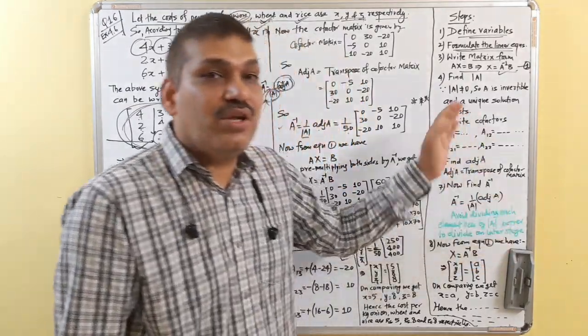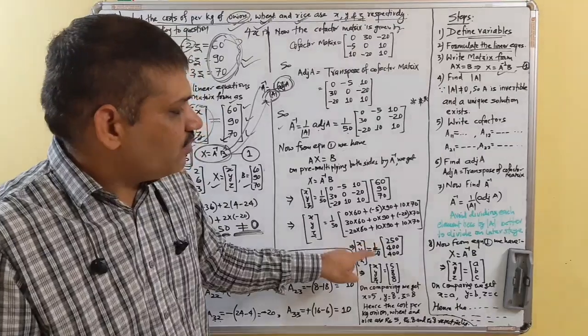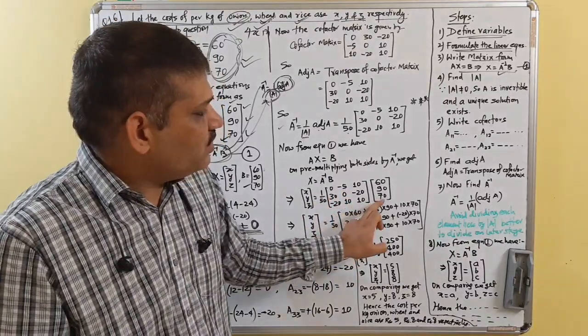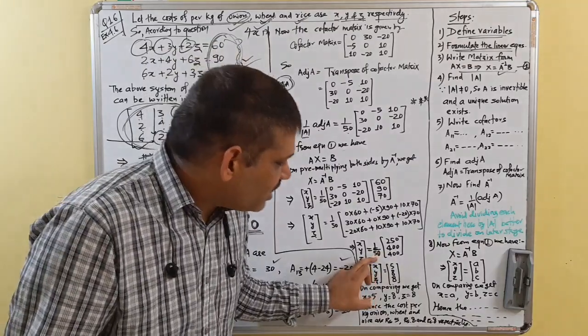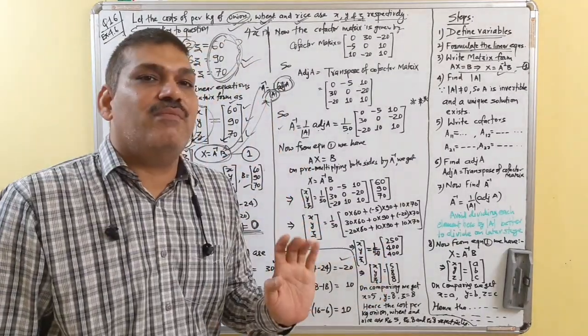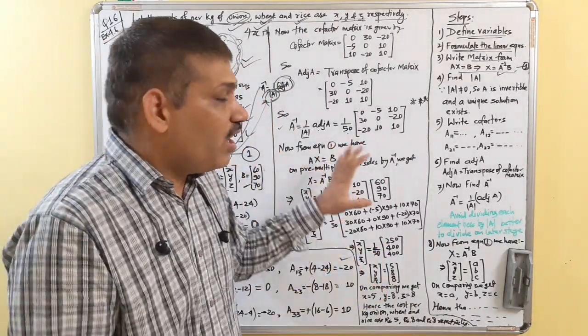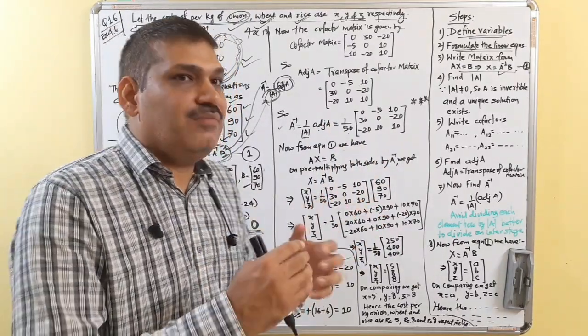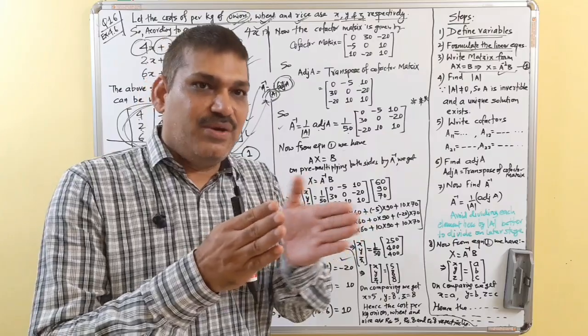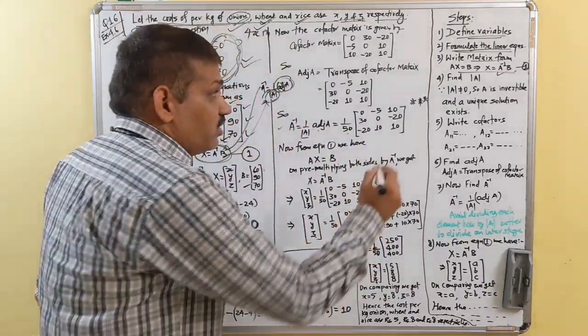It is better to divide in the last step, when we multiply this into this. In the last step we divide each and every element by 50 to avoid calculation mistakes, otherwise the question will be lengthy and take a bit more time.